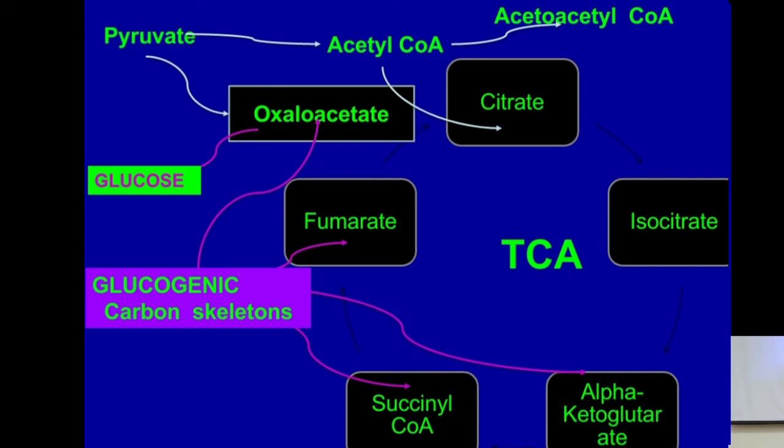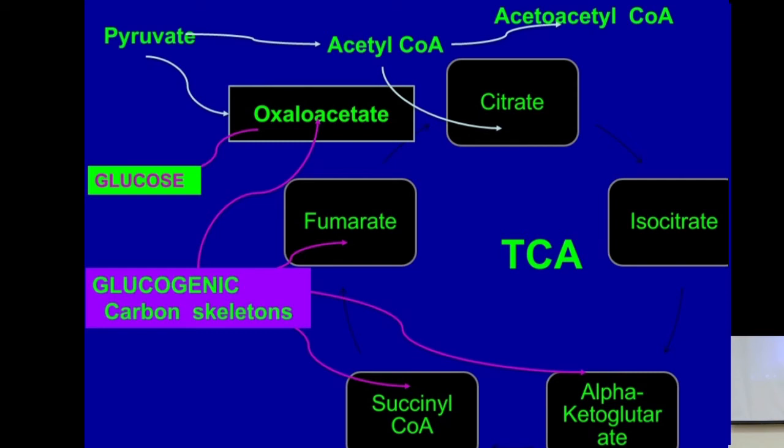And if you remember gluconeogenesis, the first important step is pyruvate carboxylase giving you oxaloacetate from pyruvate. What is in the TCA cycle? You see oxaloacetate there?